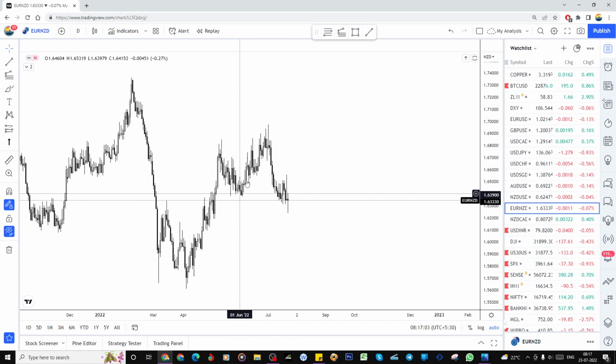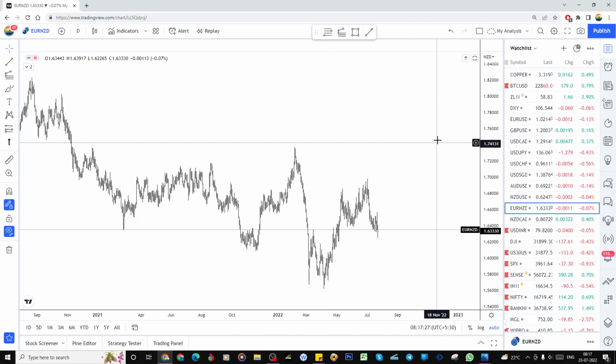Here I took this as an expanded flat correction. So for this impulsive wave we can expect, but this is also the start of that impulsive wave. So only if it breaks this high, shorter term 1.6 or 1.7, only if it breaks do we need to be on the buy side, and we can expect 1.76.